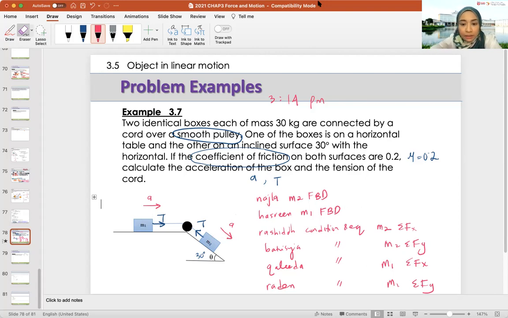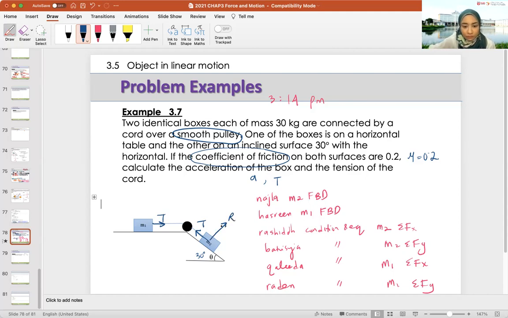Okay, so it's time. Najla, are you ready? R ke atas, upward. Kita M2 kan? R is 90 degrees to the surface.